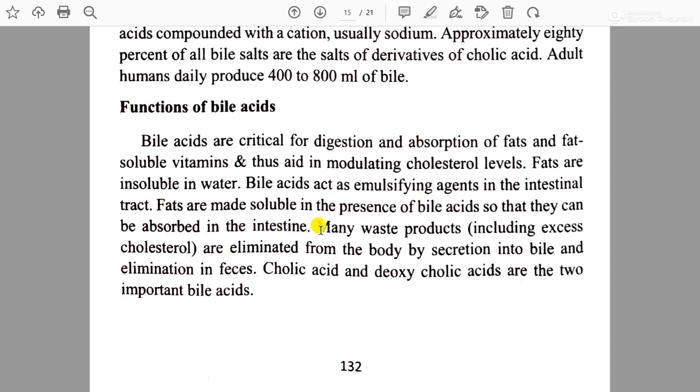Now many waste products including excess cholesterol are eliminated from the body by secretion into bile and elimination in feces.